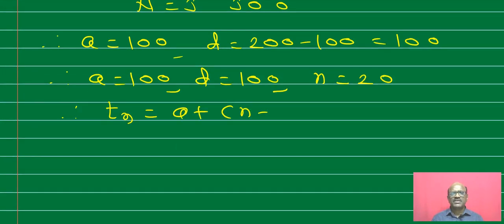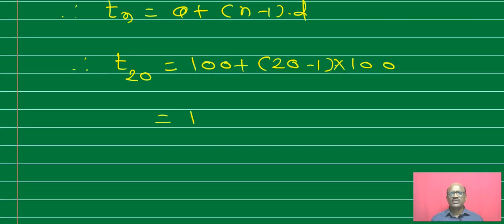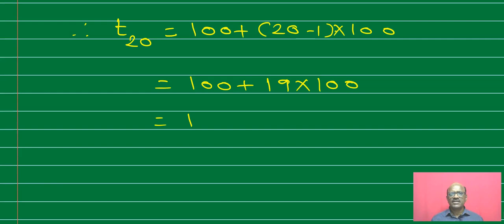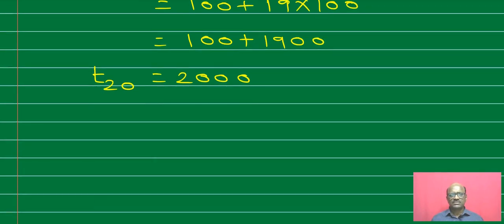Therefore, Tn is equal to a plus (n minus 1) into d. That is T20 is equal to 100 plus (20 minus 1) into 100, 100 plus 19 into 100, that is 1900 plus 100, which is equal to 2000. Therefore, T20 is equal to 2000.